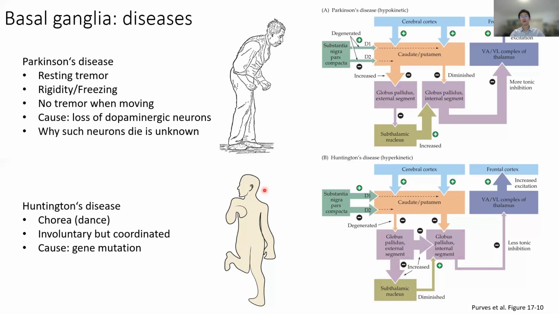This means if the Huntington's patient has some very small intention to move, or even no intention, some random excitation from the cerebral cortex, through this positive feedback loop, will amplify this activity back to the cerebral cortex. And that may explain why Huntington's disease has this involuntary movement.